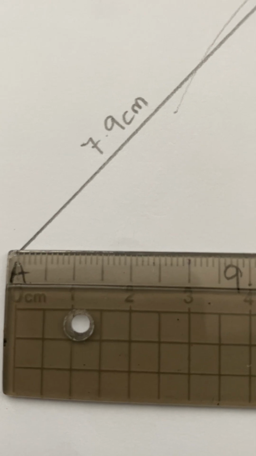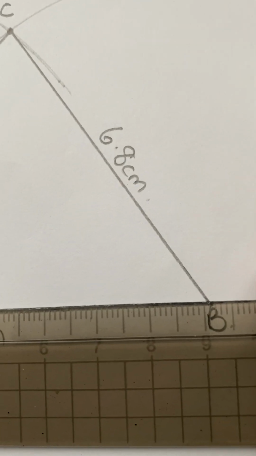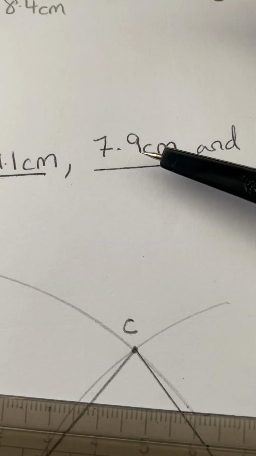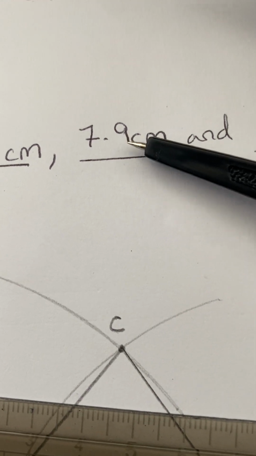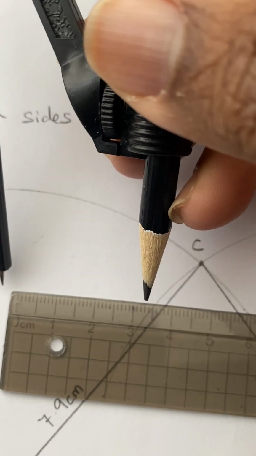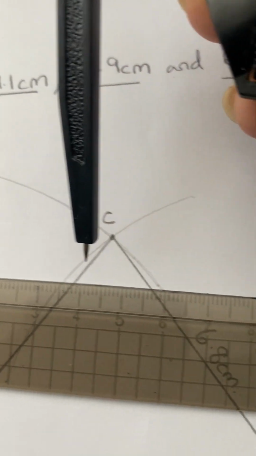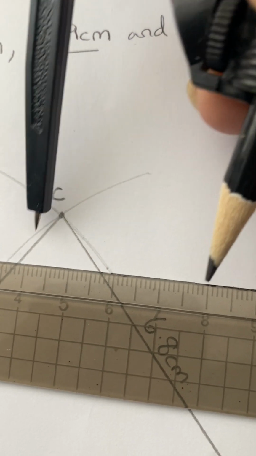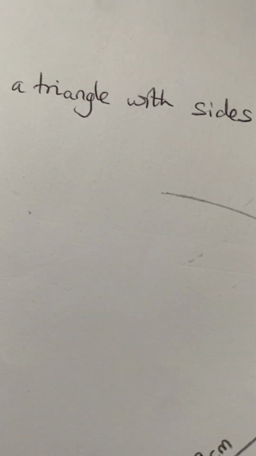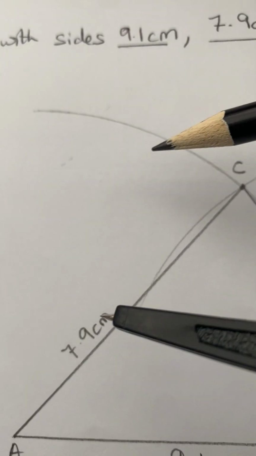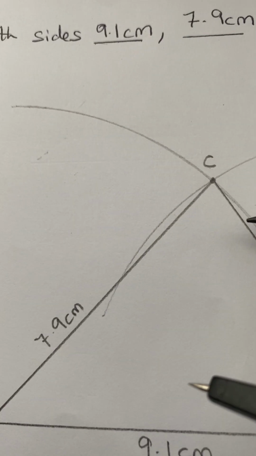So A at 0 and then 9.1 centimeters exactly. Now you open your compass. The second measurement is 7.9. So from 0 again, open up to 7.9, which is there. Use A as your reference and draw an arc, which should be this arc here.